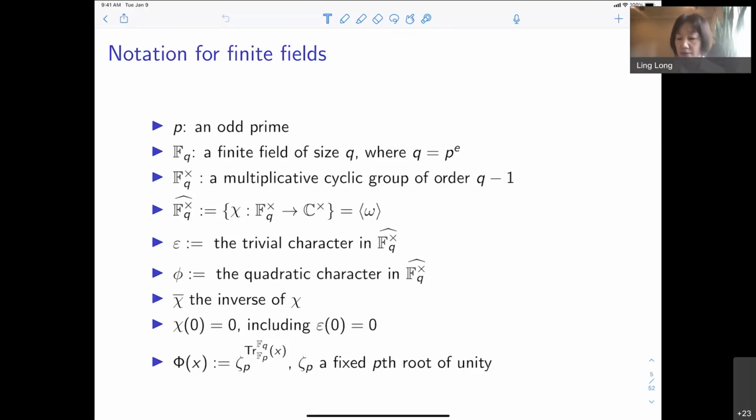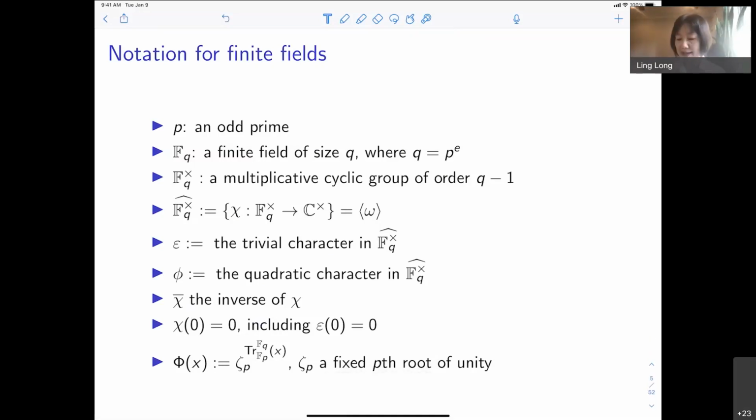Because of the assumption on the characteristic being odd, there is a unique quadratic character, which is called phi. In the current setting, all the characters chi, which are multiplicative characters, have finite order, so chi bar is going to be the inverse.